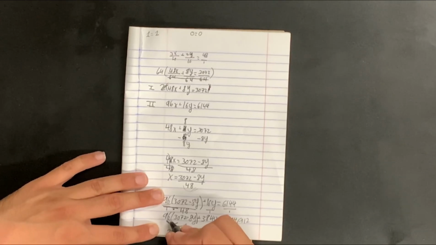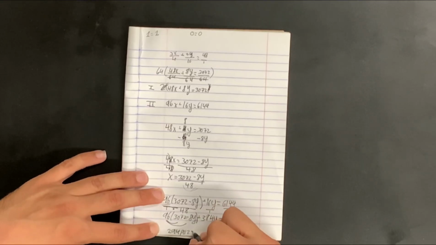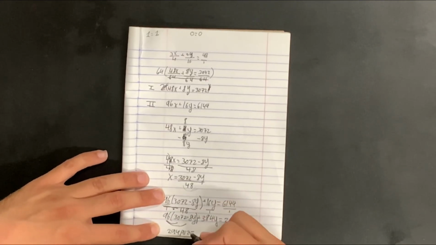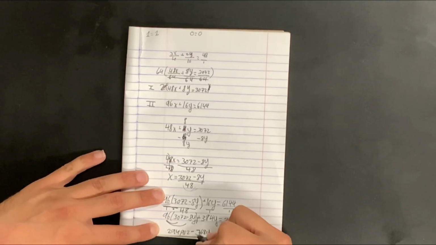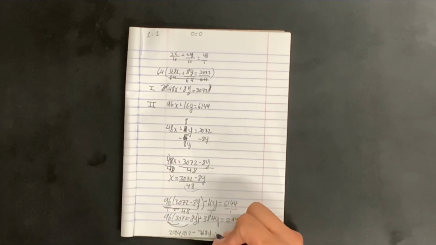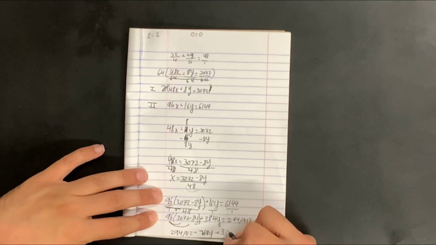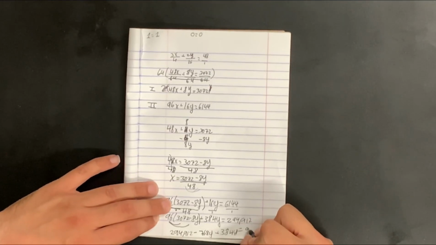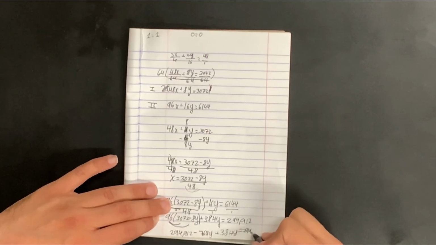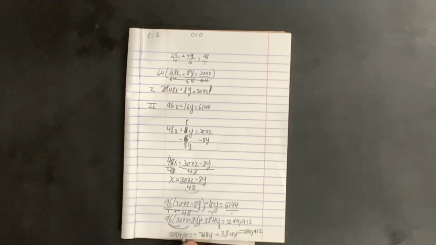Then we're going to get 96 times negative 8y, remember that, so now it's a positive times a negative, we're going to make it into a negative, which will then give us negative 768y, and then we bring down the rest, which will then be plus 384y is equal to 294,912. Okay, this is looking so good right now.